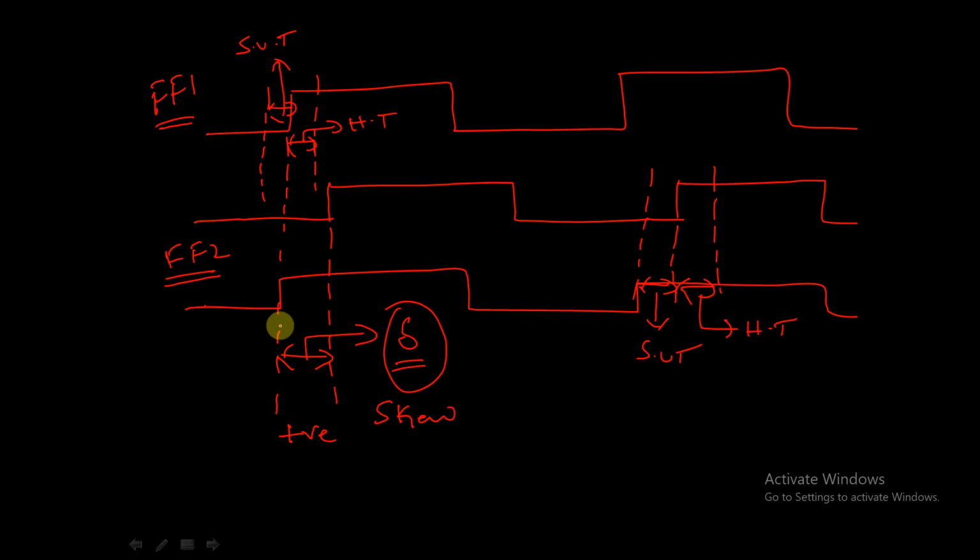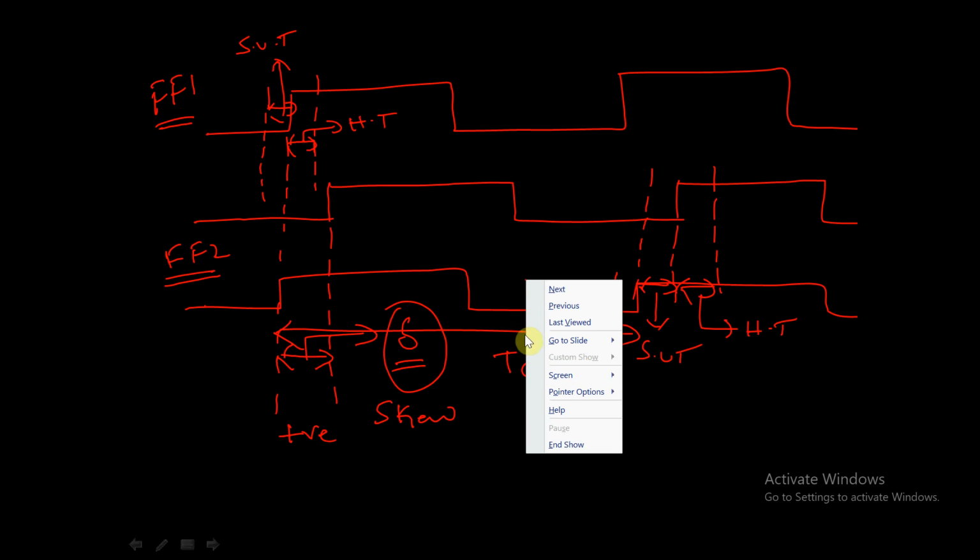The required time was calculated by subtracting t setup from the time period: t clock minus t setup. The setup time for this was somewhere here, so we will get the required time here. So this was the required time. This is how we were calculating the required time, right?